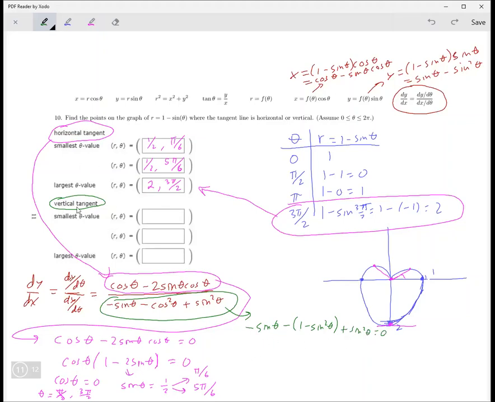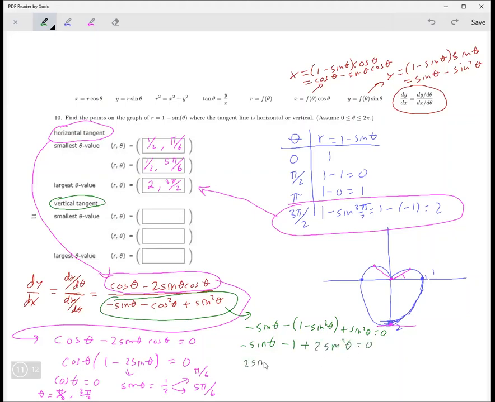Setting that equal to 0 will give you where the vertical tangents are. So this is negative sine theta minus 1, and then here you have plus 2 sine squared theta equals 0.